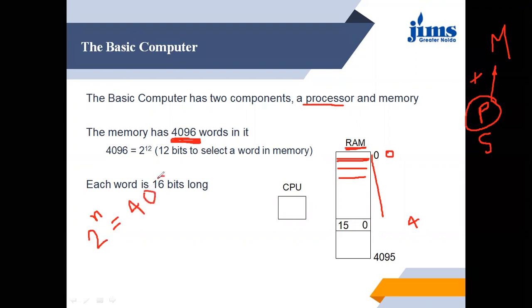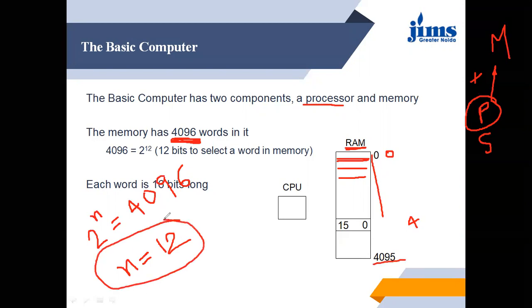When we find the value of n from here, it comes out to be 12. It means if we have 4096 addresses, then we want 12 lines.